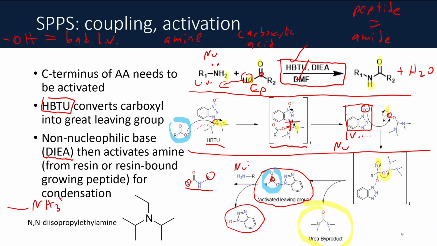There's no lone pair here because the lone pair got covered up with an acidic proton. So it can't do the reaction. That's not good. So to fix that, we add in a special base called DIEA, which is able to take a proton like that and turn it into something like this.